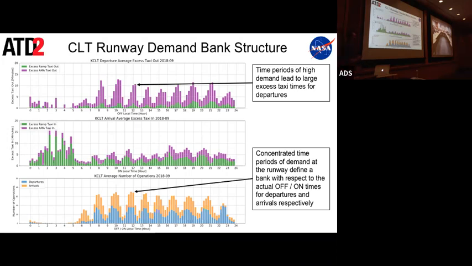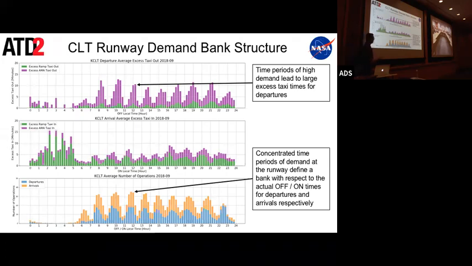So this concentrated time period of demand is what we call a bank. And what's really interesting here is that if you look, say, at 12 o'clock noon, with this runway-centric view of the operations, the departures and the arrivals use the runway at the same period of time.